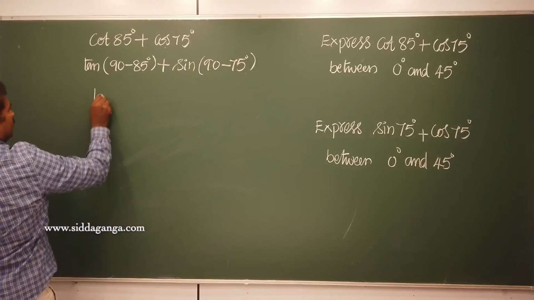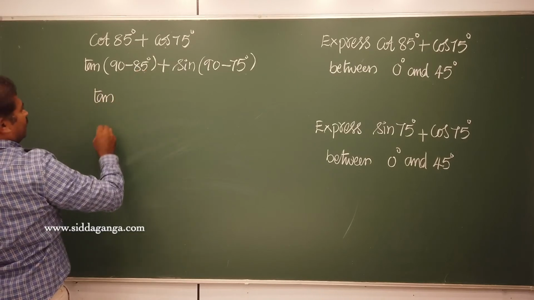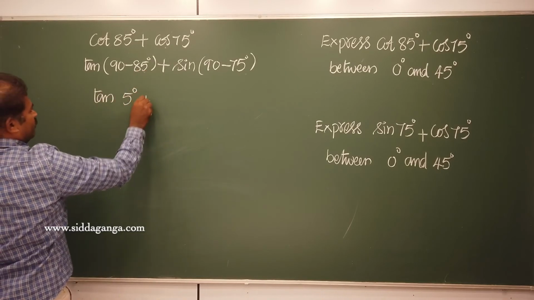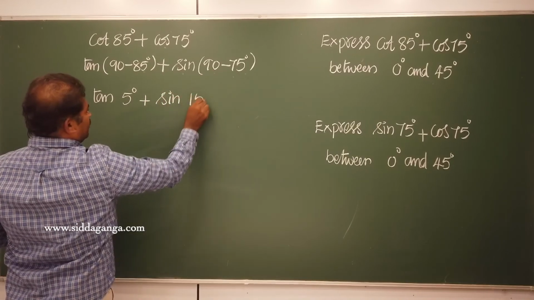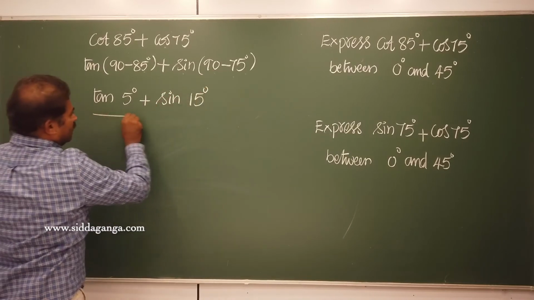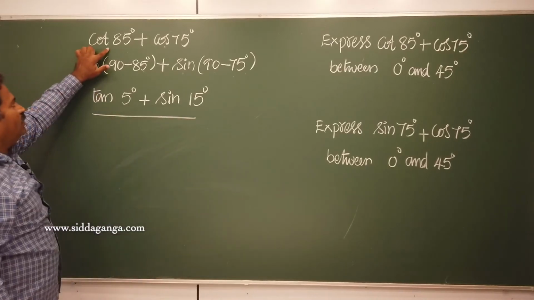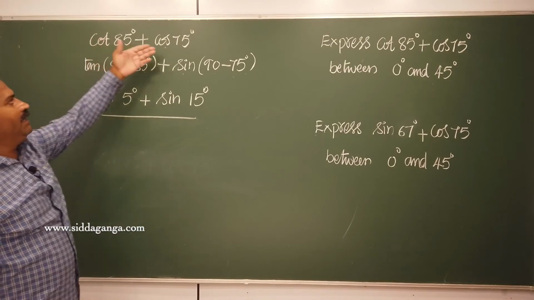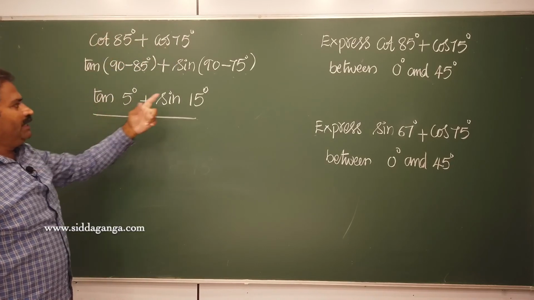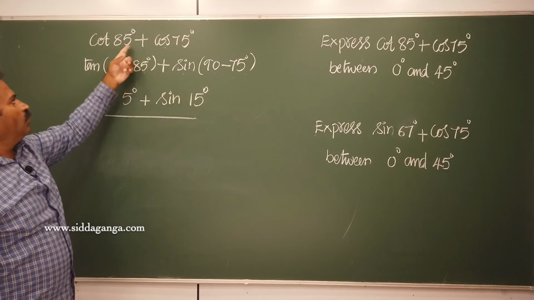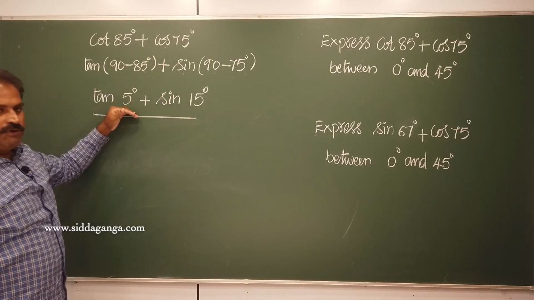So this is equal to tan 5 degrees plus sin 15 degrees. So now you have an expression equal to this. You had cot 85 degrees and cos 75 degrees, and the same you have written with tan 5 degrees and sin 15 degrees. Here both these values are less than 45 degrees.